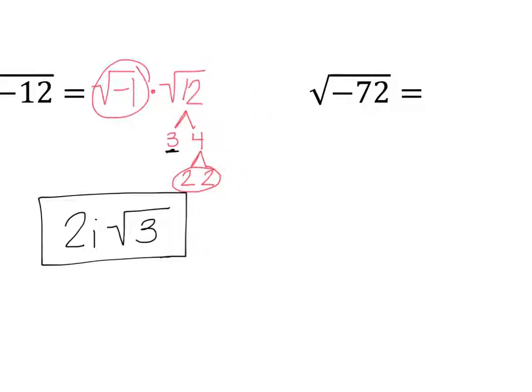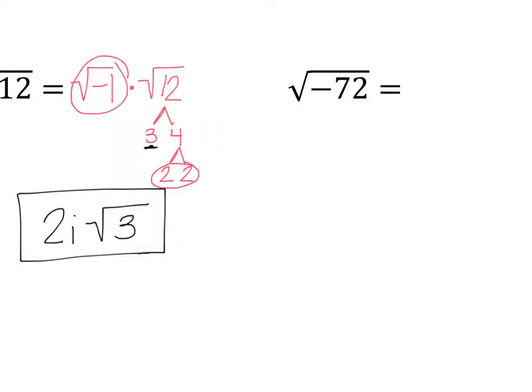All right, next one, a little bigger number. So we have the square root of negative 1 and then the square root of 72. What is 72 broken down? 8 and 9. 8 breaks into 4 and 2, and that's 2 and 2.